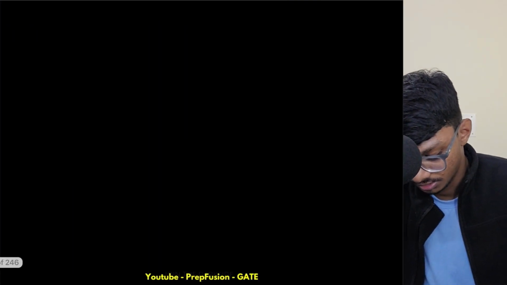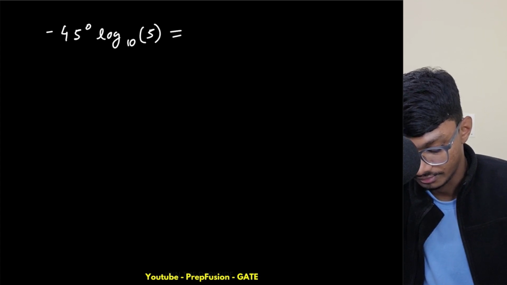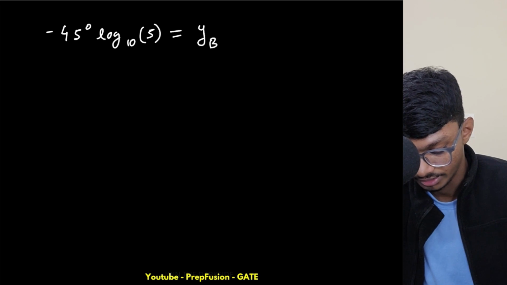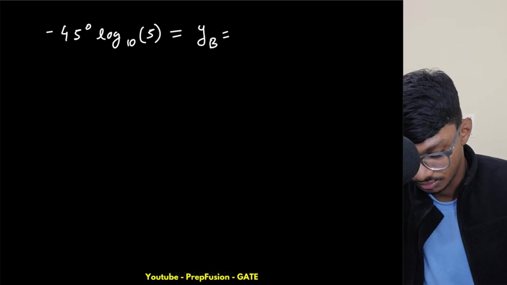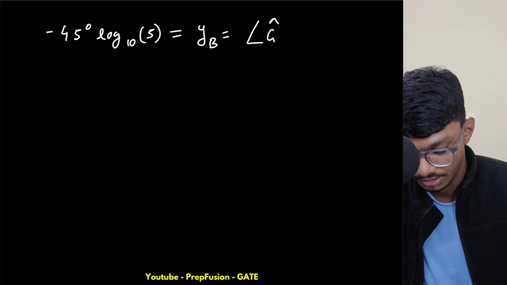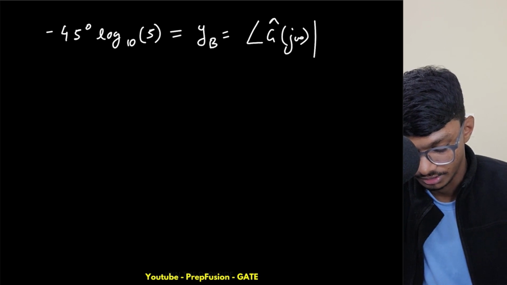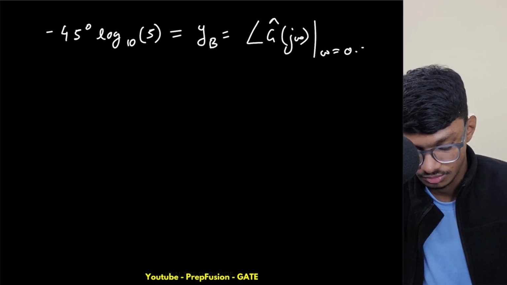So minus 45 into log base 10 of 5 equals my yb, because ya is 0. This equals my approximated angle g of j omega at omega equals 0.5a.